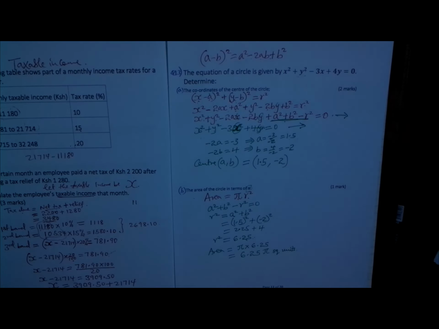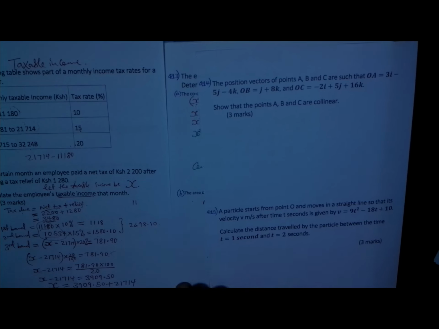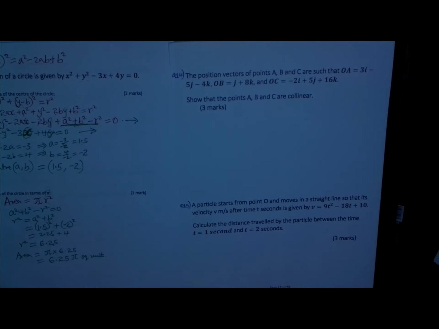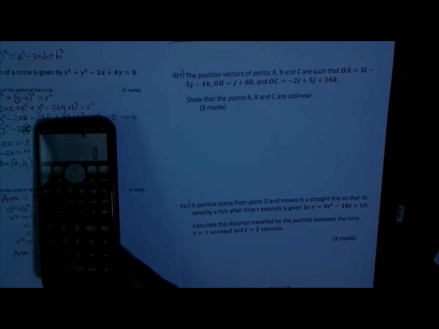We move on to the next question, which is question number 14.